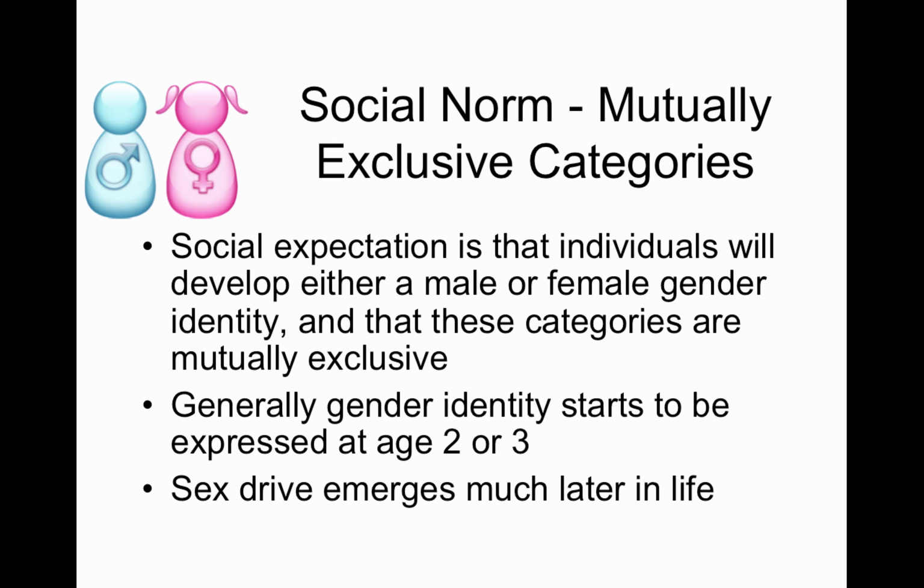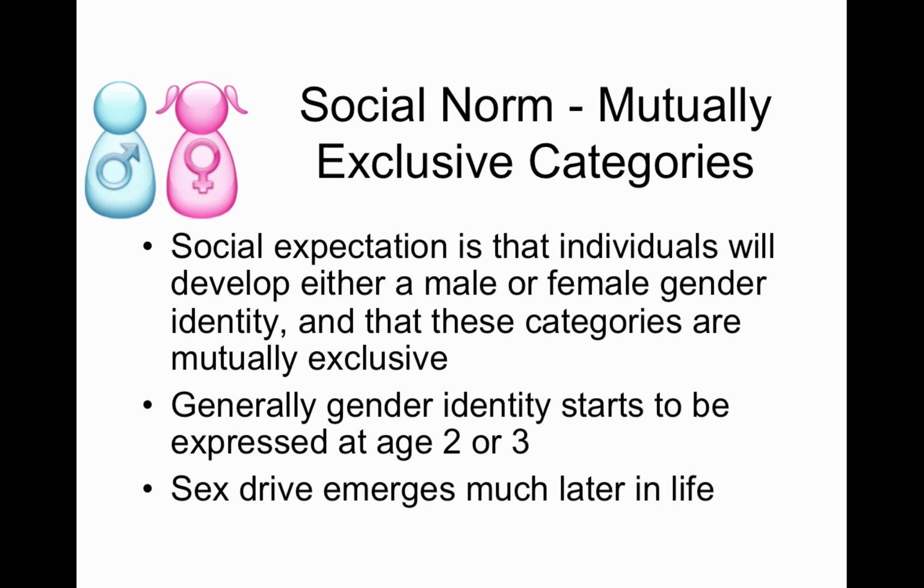Now we are taught to think about sex as two distinct, mutually exclusive categories. Simple there, boys and girls, males and females. Again, we'll challenge that when we talk about intersex later on in this unit.